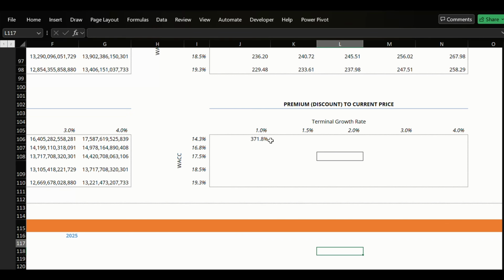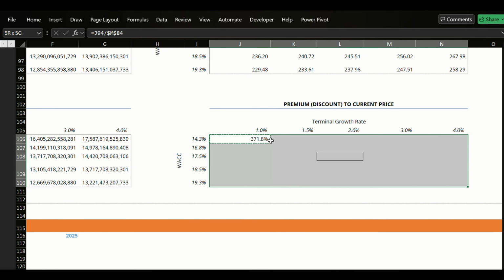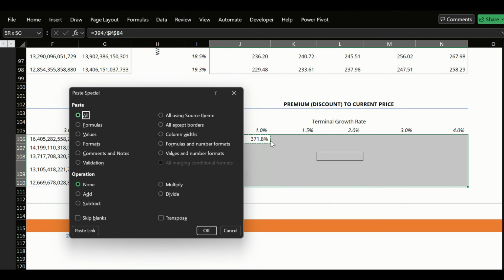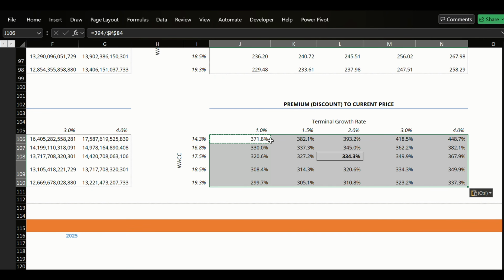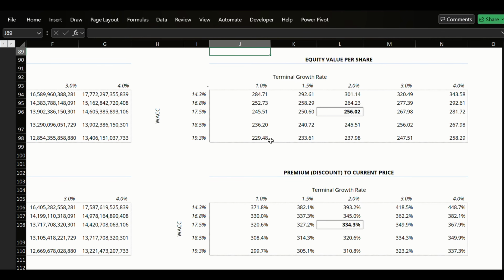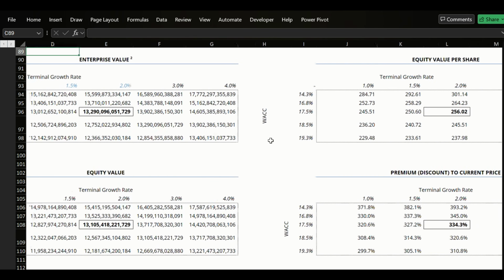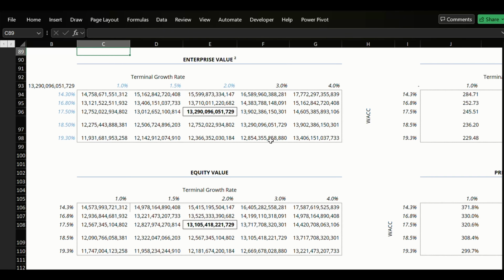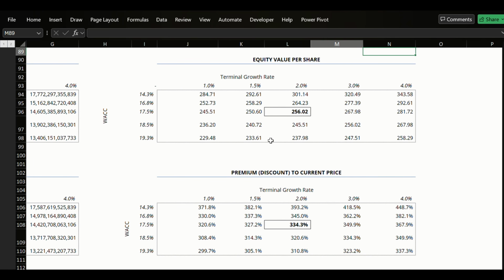But as you can see, the equity value per share. Let's not look at those large numbers.